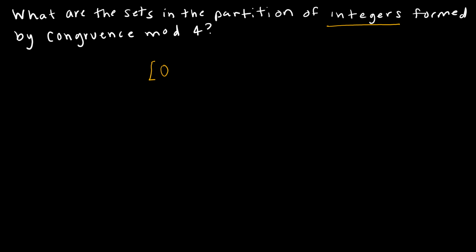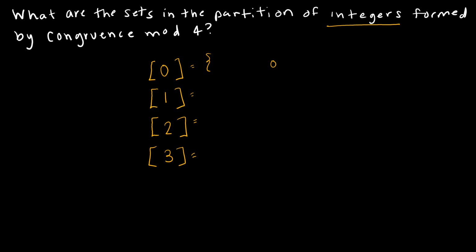I can either have a remainder of 0 or of 1 or of 2 or of 3. And so essentially what they're saying is, give me the values that belong to the equivalence class of 0. So we know the values in the equivalence class of 0 would be things that are divisible by 4 evenly.